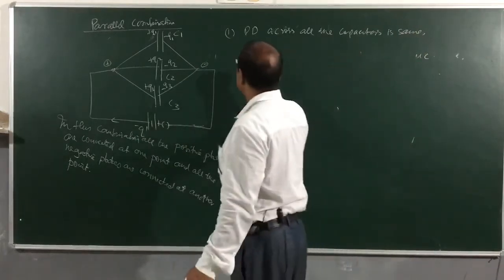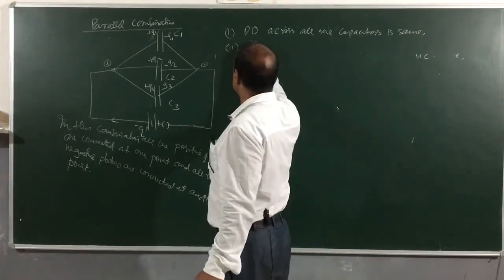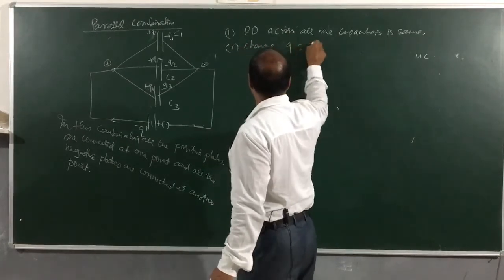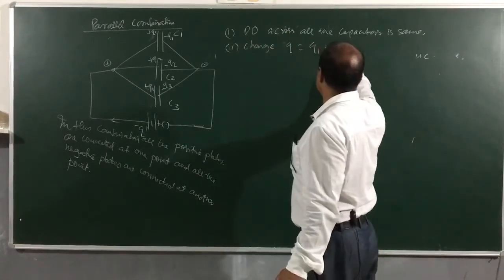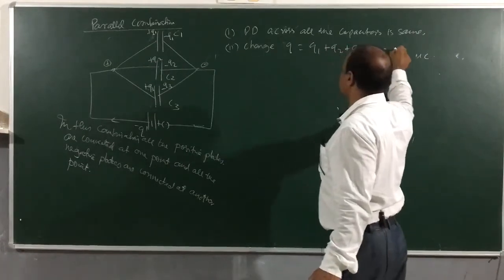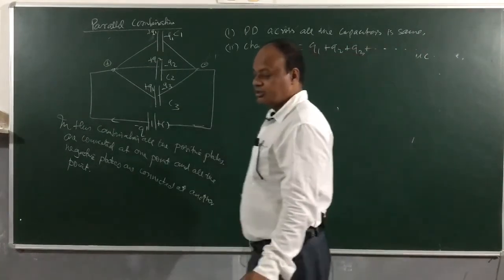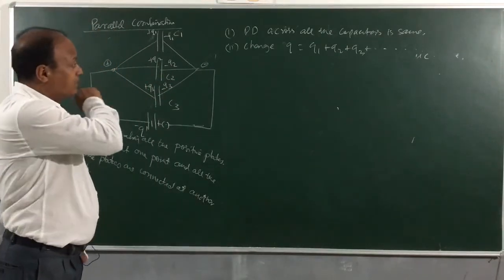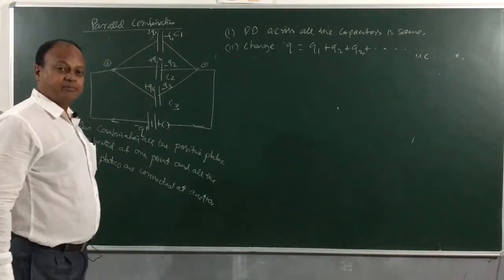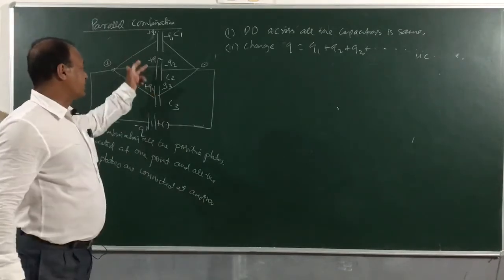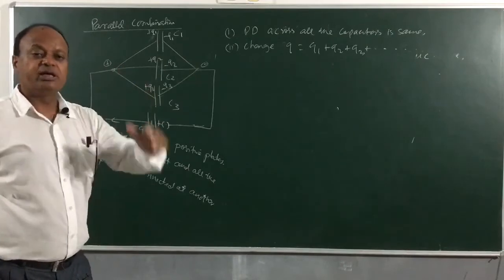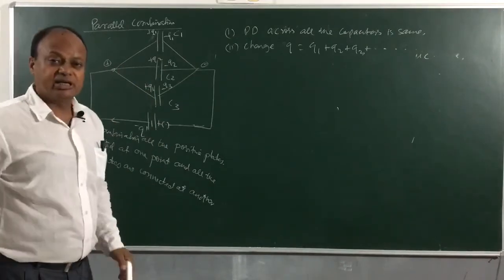And number two, charge Q is equal to the sum of charges on individual capacitors. Clear, children? So remember, in this case, PD across all the capacitors is the same, and the sum of charges on individual capacitors is equal to the charge supplied by the battery. Q is equal to Q1 plus Q2 plus Q3, depending on how many capacitors have been given to us.